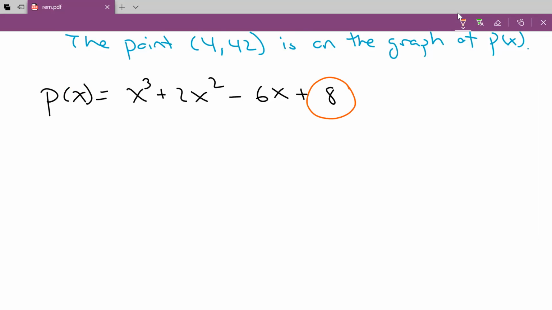And we're going to list all of the factors of 8. The factors of 8 are positive negative 1, positive negative 2, positive negative 4, positive negative 8. These are your possible or potential zeros.